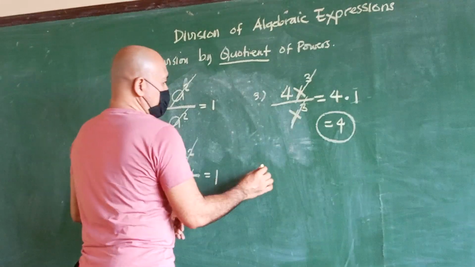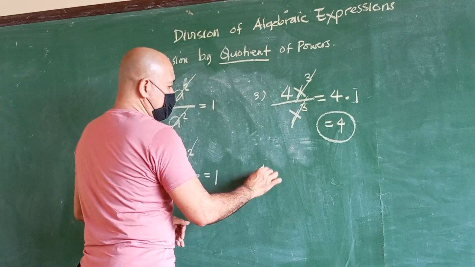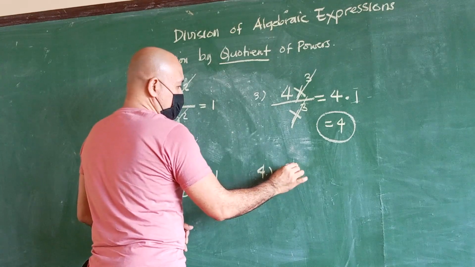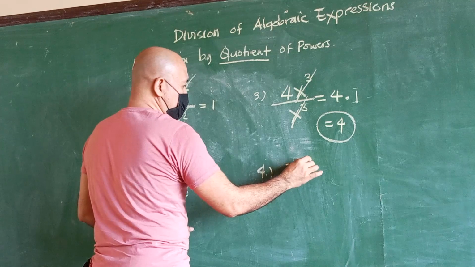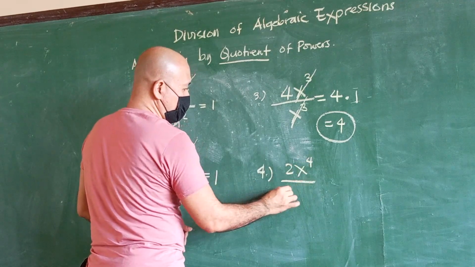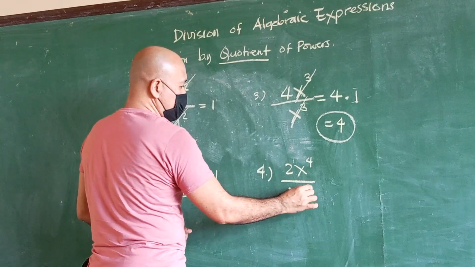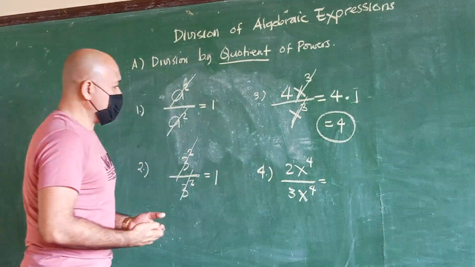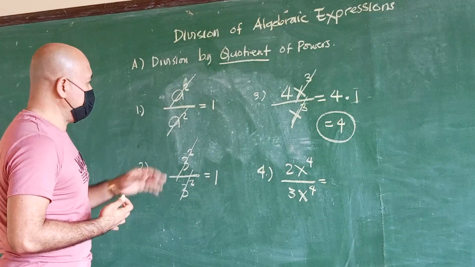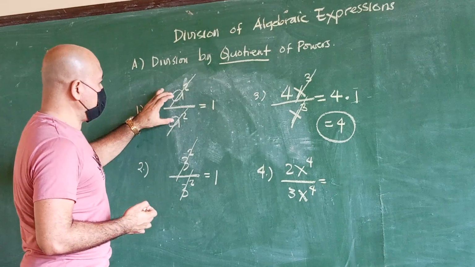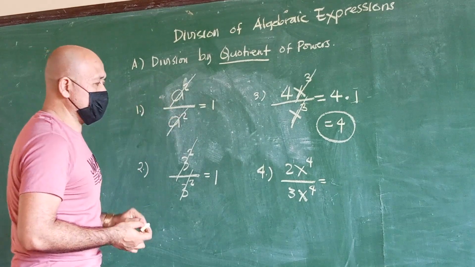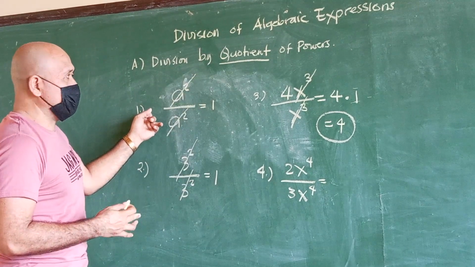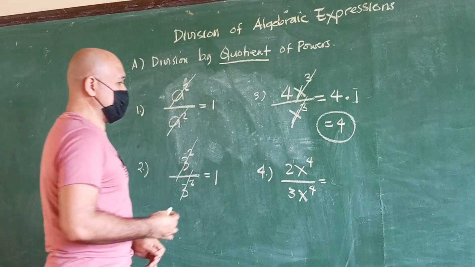Okay, so another one we may have, for number 4, is 2x raised to the power of 4 over 3x raised to the power of 4. The idea here, again, is that when we divide expressions where the bases are the same and the exponents are the same, we apply the equation about the quotient of powers.